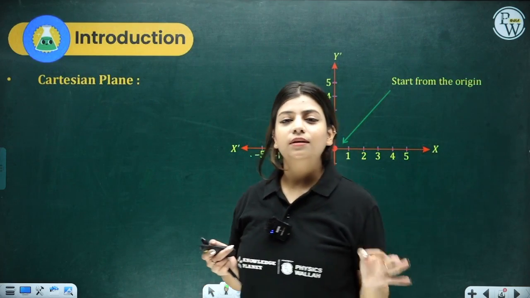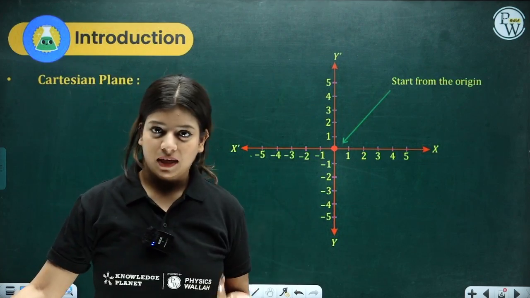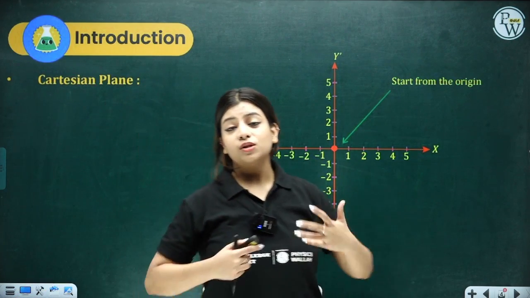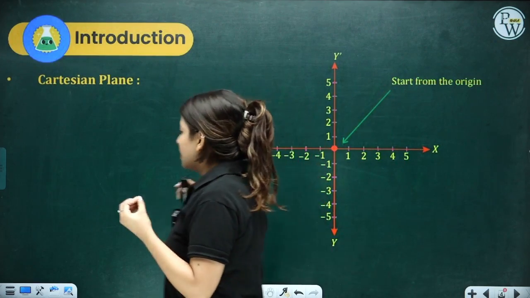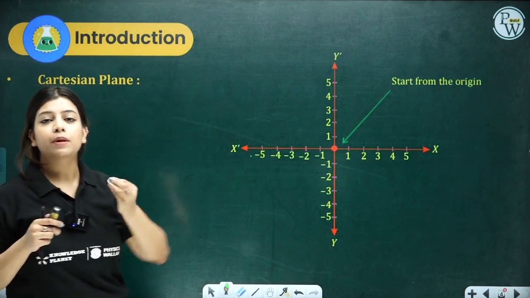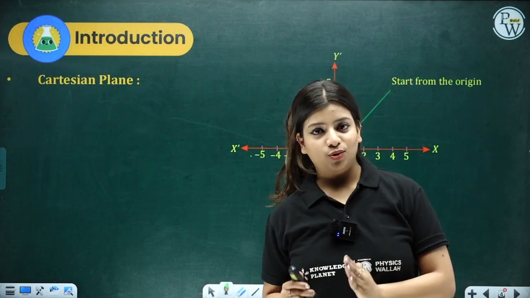So these are certain specific terms that we need to take care of in our Cartesian plane. This is also known as the plane of intersection. There are multiple names for this, but we will refer to this plane as the Cartesian plane.